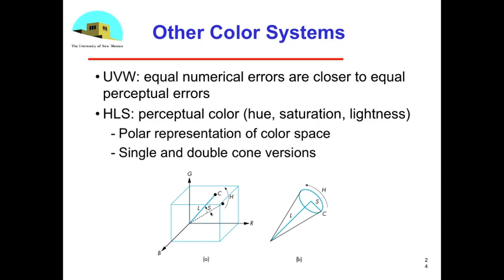So saturation is essentially a measure of how far you are away. So if I have a particular color here in space, a point inside the solid, and I draw a line from the origin out to that color, its brightness is how far away I am from the origin, so that's the lightness of it. The saturation is how far that line is away from the diagonal, from the principal diagonal. That's a measure of S. And the hue, in a way, is how close I am to these axes.